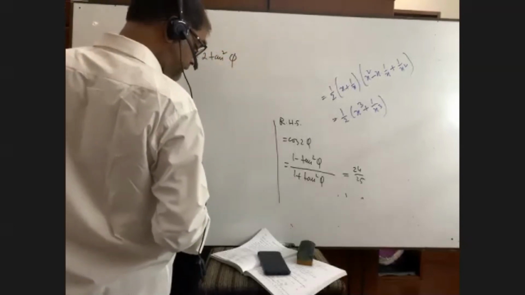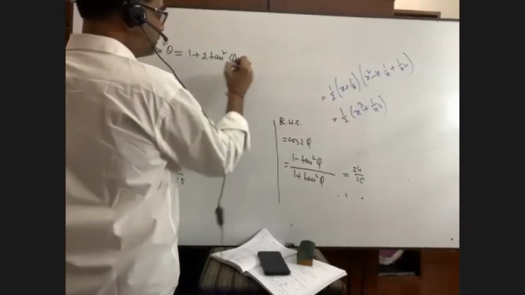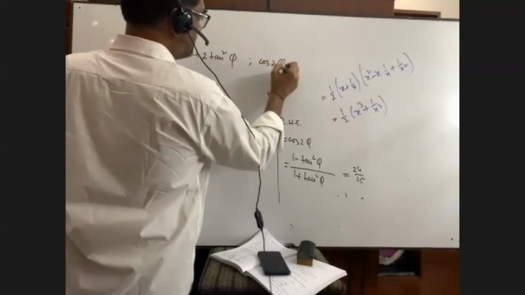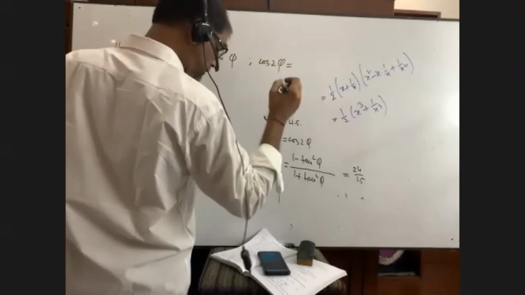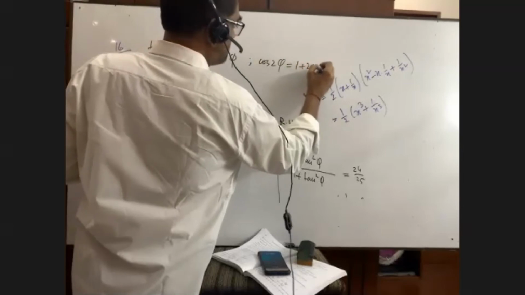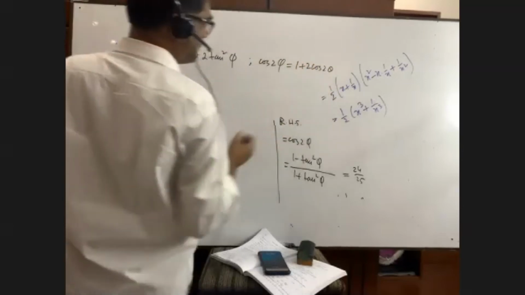It is given. You have to prove that cos 2 phi is equal to 1 plus 2 cos 2 theta. Okay, do it.